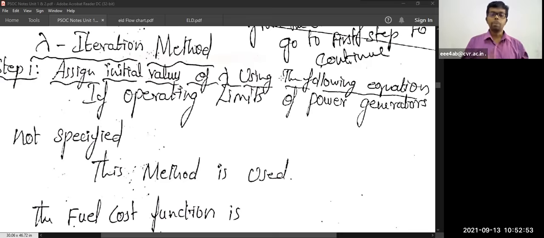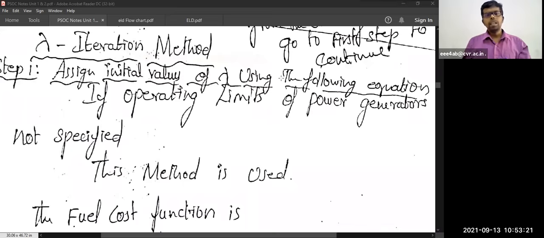turn your pages to the previous problem. In the previous problem, everything is very lengthy. First we need to differentiate, again we need to equate it to lambda, again we need to equate it to demand, then solve some 3 equations, again find out lambda, then note down the PG1, PG2, PG3, and in the meanwhile note down the limits, our operating limits.